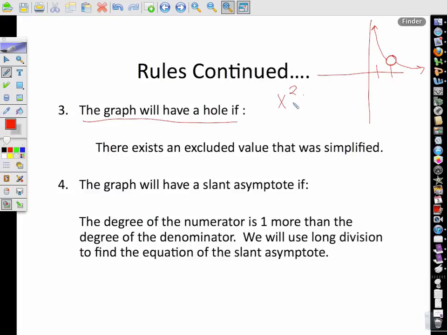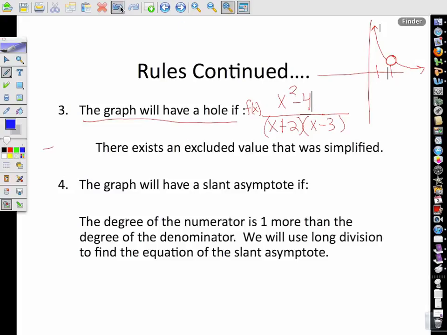It would happen in a case like this. If I have x squared minus 4 on top, and I have an x plus 2 on bottom, and an x minus 3 on bottom. So this is my rational function.